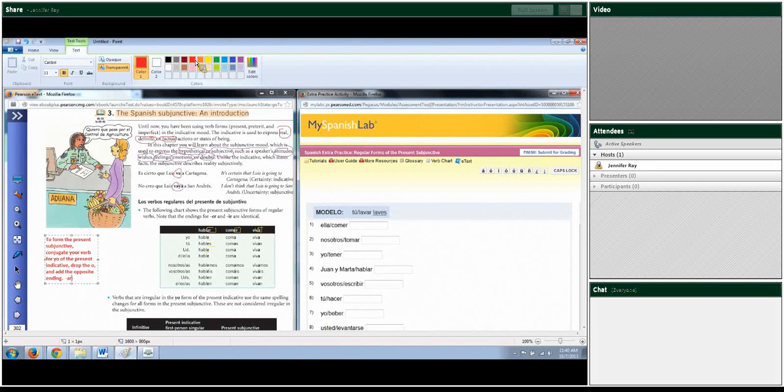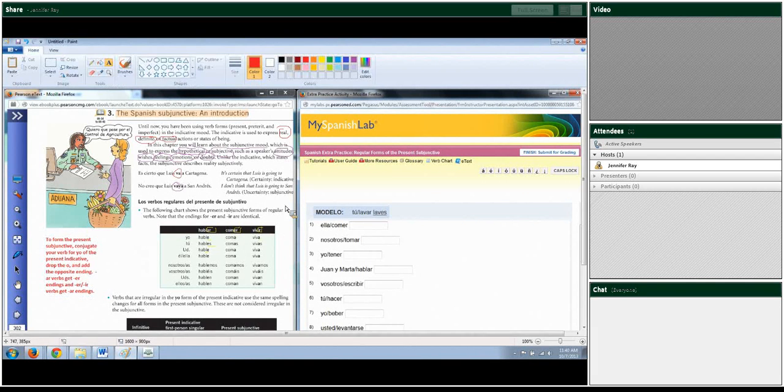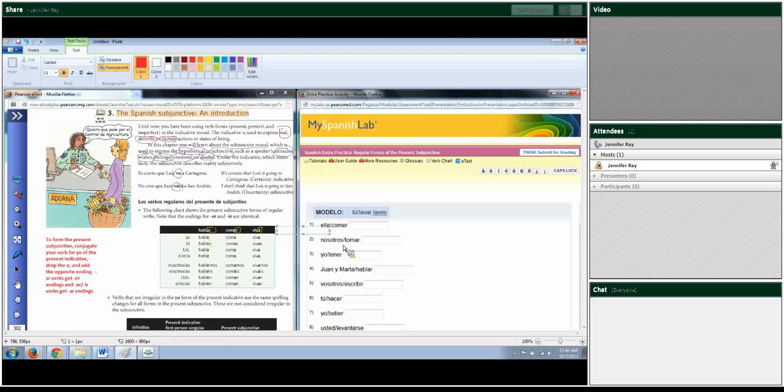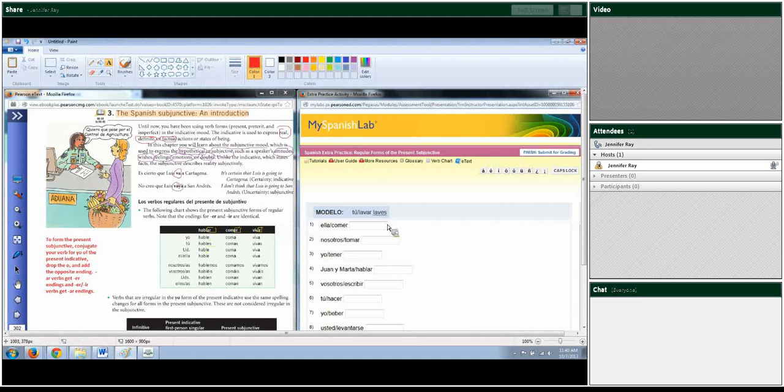AR verbs get ER endings and ER and IR verbs get AR endings. Okay. So let's go ahead and do this, and then we'll talk about irregulars in a minute.